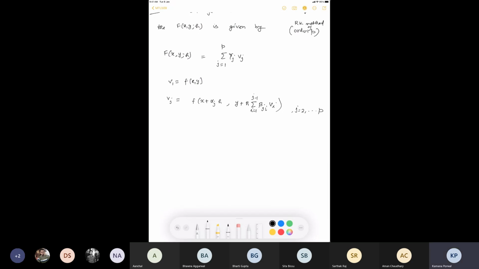Okay, and what are the unknowns here? You have gamma j's as the unknowns, alpha j's as the unknowns, and beta ji's as the unknowns, right?